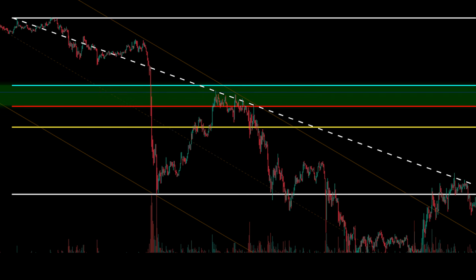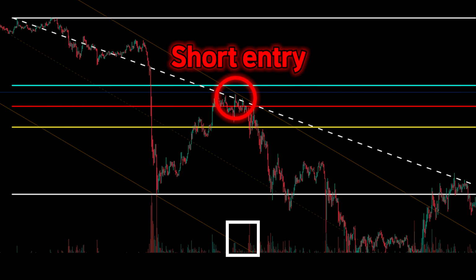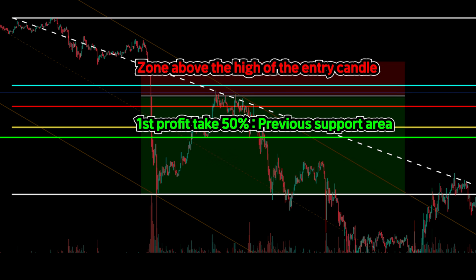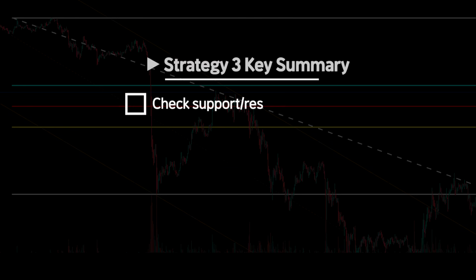For the Fibonacci golden zone, same as before, confirm it overlaps with the 0.5 to 0.618 zone. When all 4 align and volume confirms, enter the short. Set your stop loss above the high of the entry candle. Take your first profit when price reaches the previous support zone. Sell half your position. Close the remaining position when price reaches the prior low, the Fibonacci 0 level.